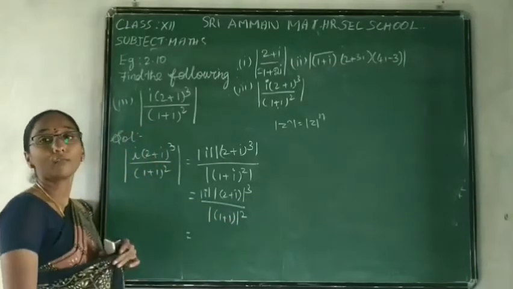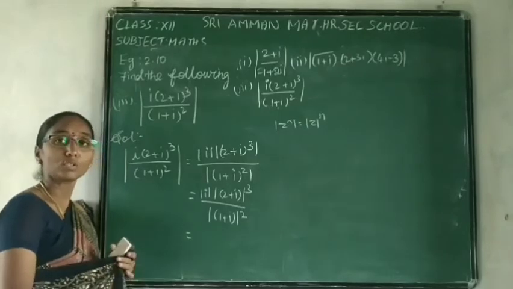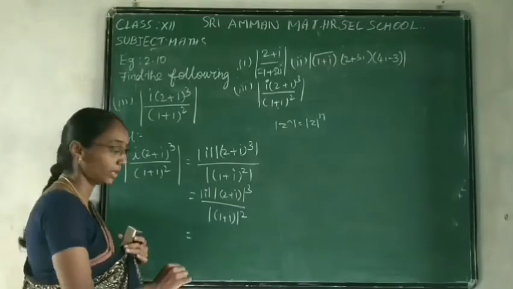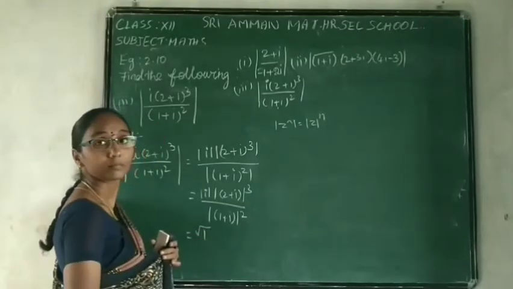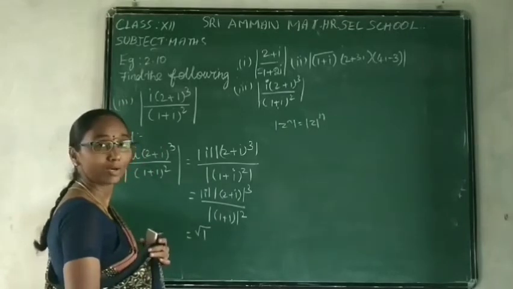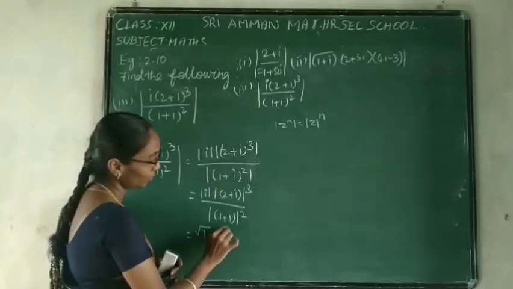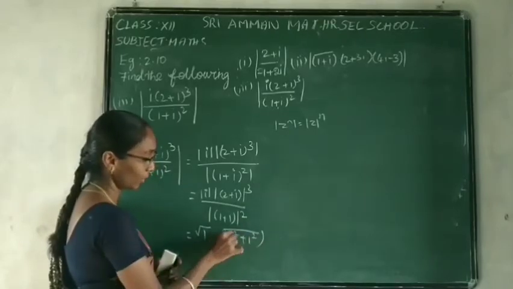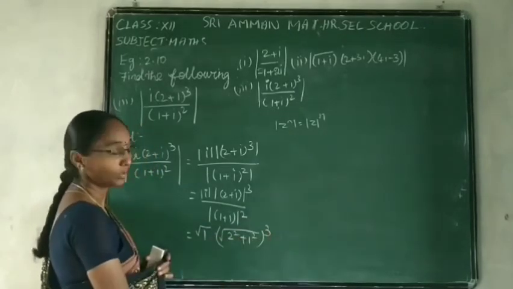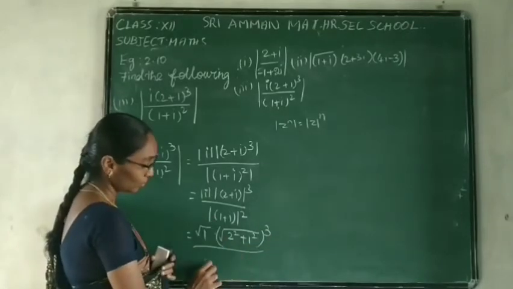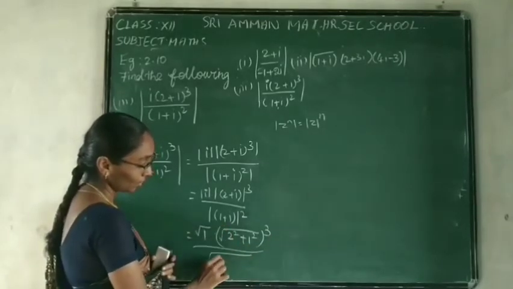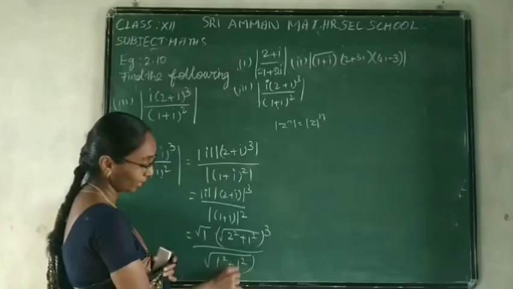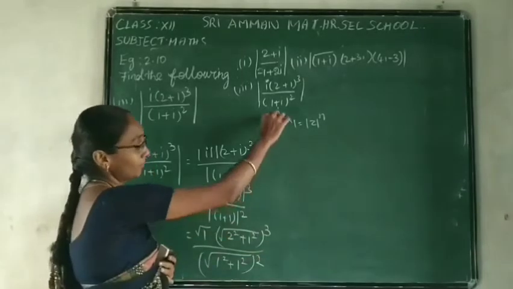Modulus of i: here there is no real part, so only the imaginary part. So root of 1 square is 1, into root of 2 square plus 1 square the whole cube, divided by root of 1 square plus 1 square the whole square.